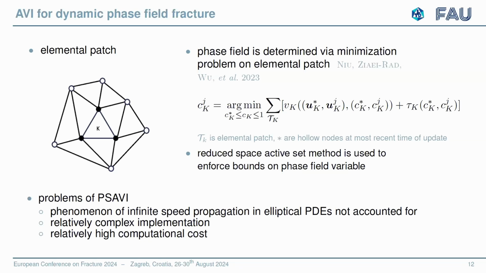So this characteristic was not captured. As the surrounding just affects the values of the active nodes, and when you change the active nodes, the effect should be felt by the entire domain instantaneously. That was not captured. Also, it has a relatively high computational cost because you have to store the addresses of the surrounding nodes, and obviously a complex implementation.